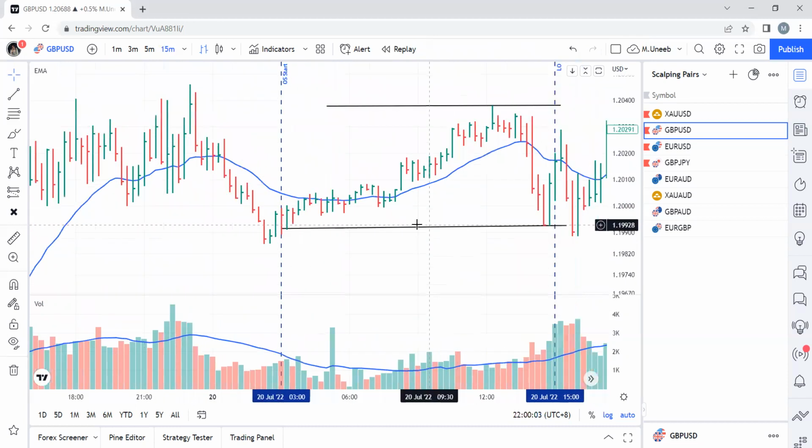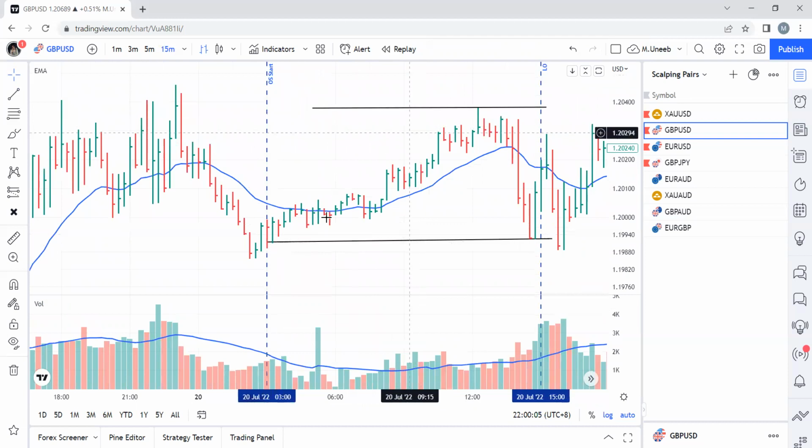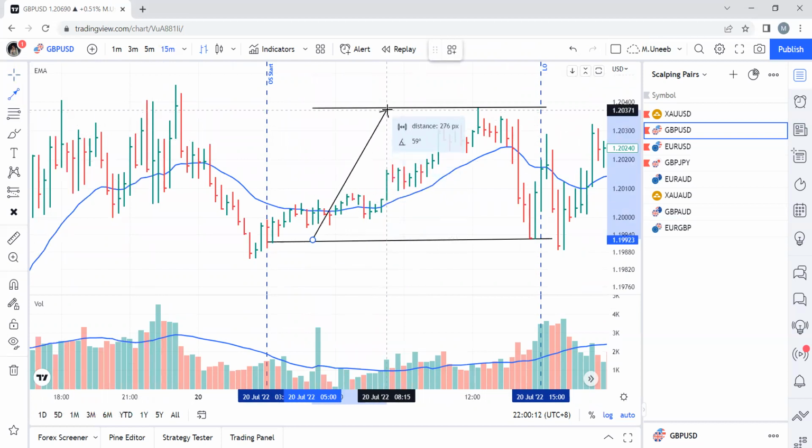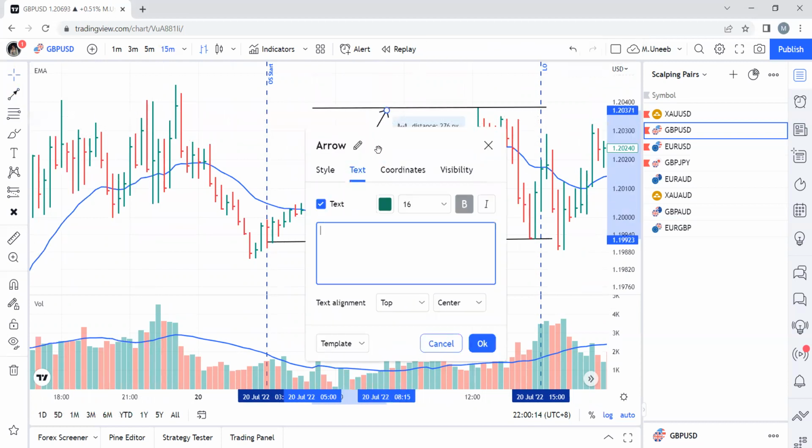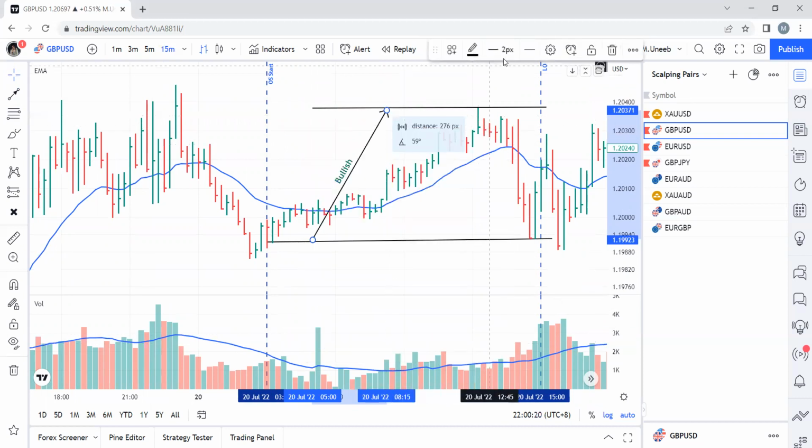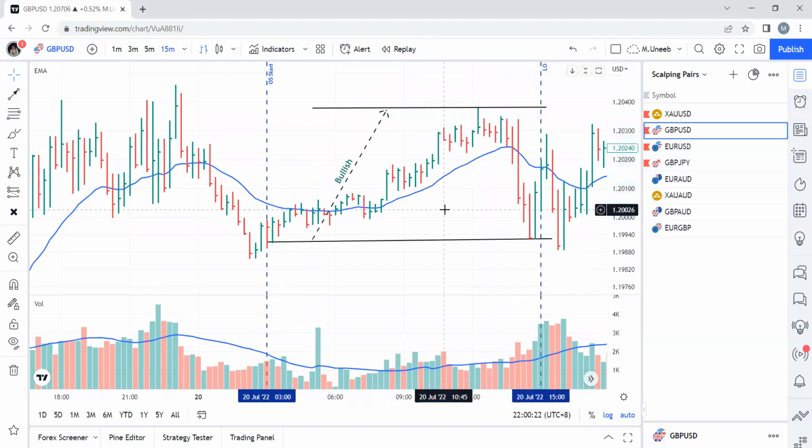So what is the bias between high and low? When the price is going between high and low, the bias remains what? Bullish. Yeah. Okay, it's bullish between overnight high and low.